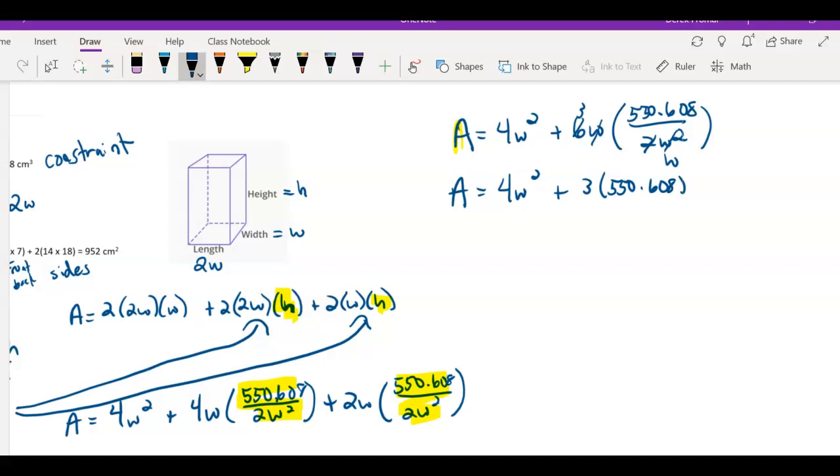And I'm going to bring this w that's in the bottom up to the top and write it with a -1 exponent. I'm now ready to take the derivative of my area formula. Taking the derivative, because that's how I find out minimums and maximums, by taking the derivative and setting it equal to 0. So the derivative would look something like this.